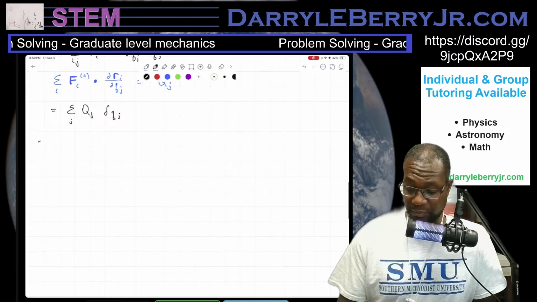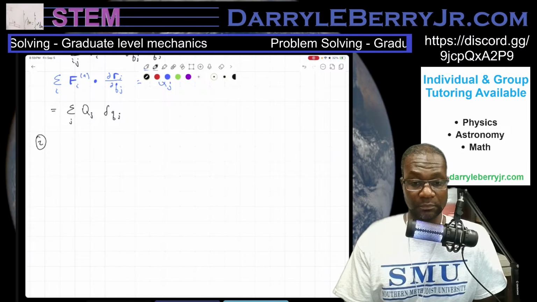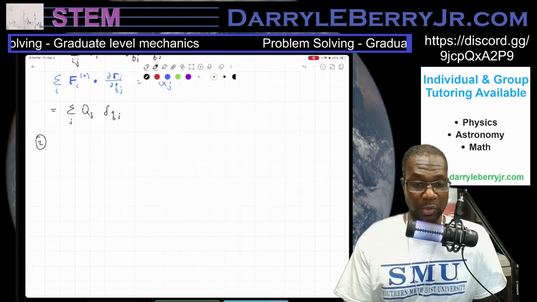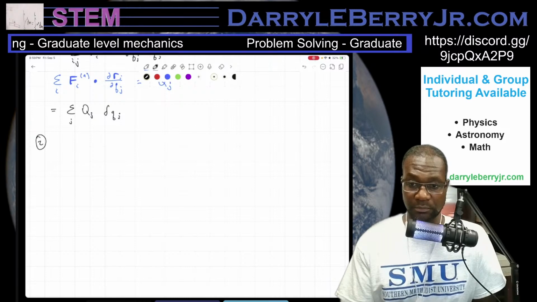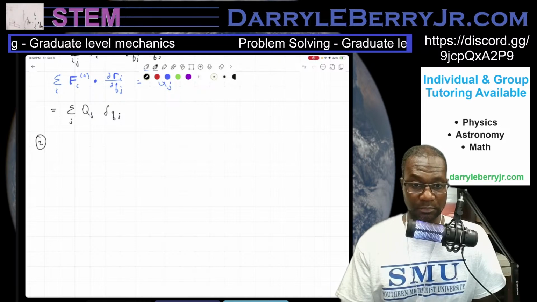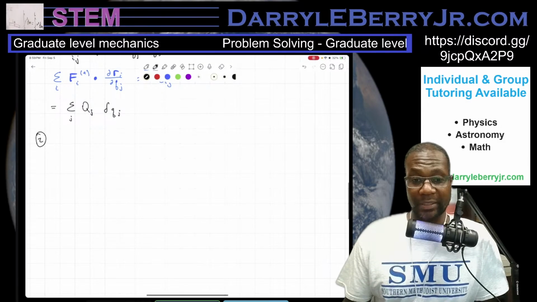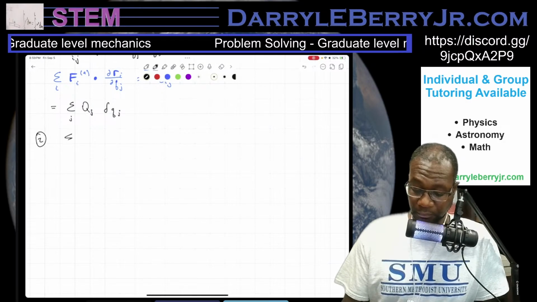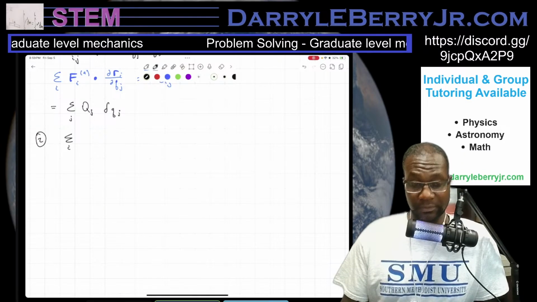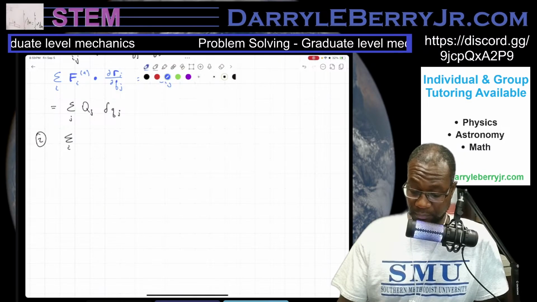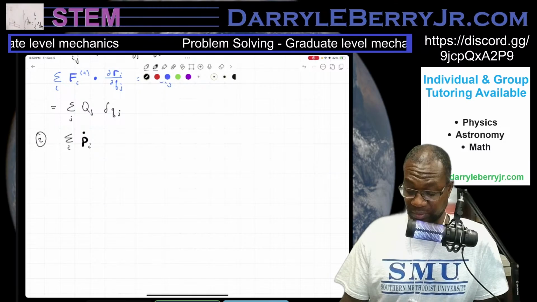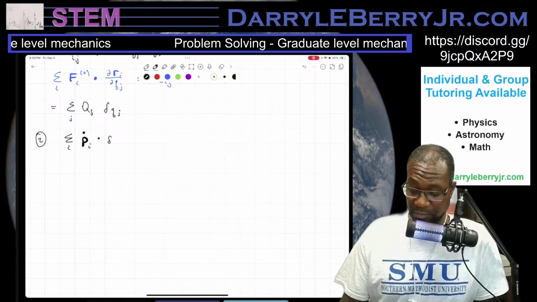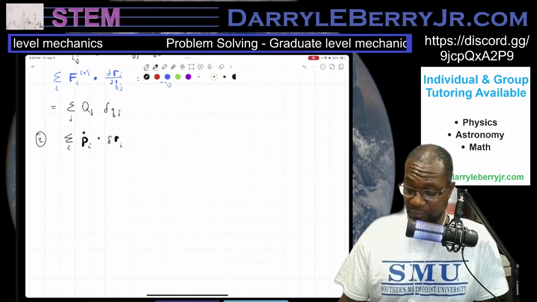Next thing we look at is part two. This part is a bit longer. We had the summation over i of the time derivative of momentum dot the virtual movement of r_i.